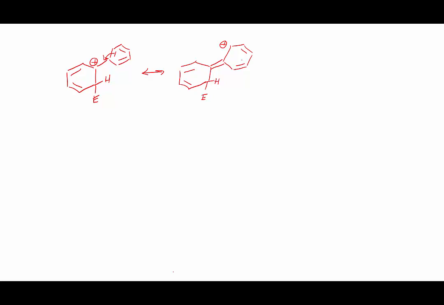So why does another benzene ring activate the original benzene ring? Well, why is it an ortho-para director? Because when the plus charge is next to the ring, it forms additional resonance structures.